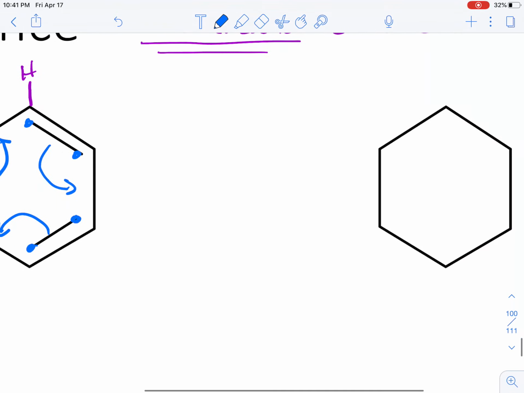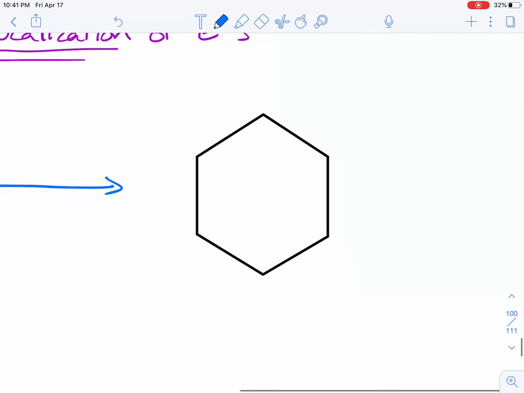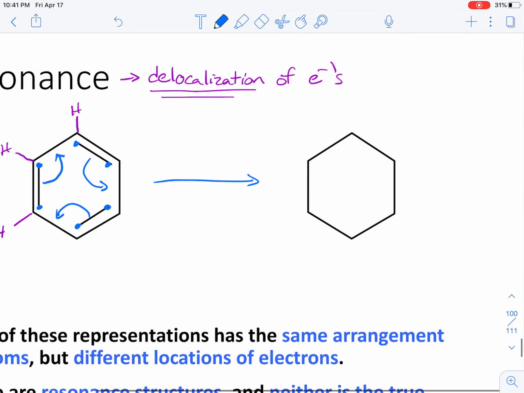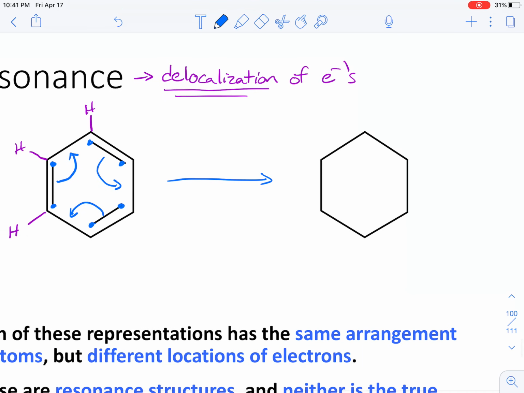And so what we get is, I'm going to draw the result. So what we get is a structure that looks like this.